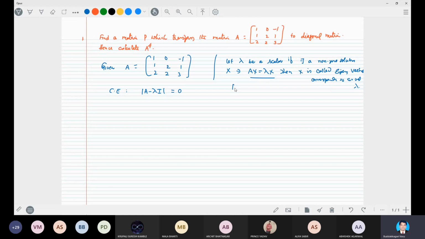That means it results in A minus lambda I into x is equal to 0.